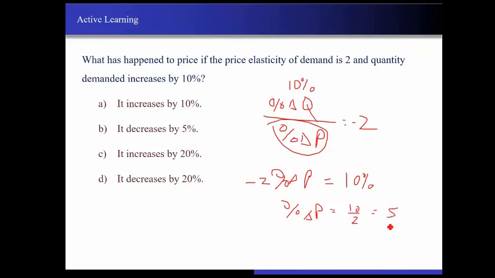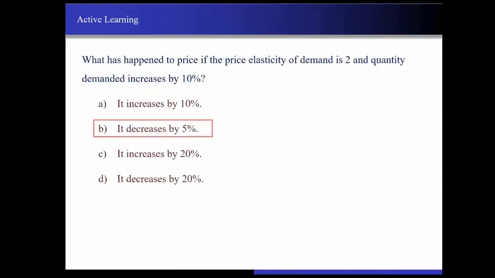We know that the quantity demanded increased by 10%, and the elasticity is 2, so the price change must have been half of that. If the price increased by 5%, then the percentage change in the quantity demanded would be 10%, twice that amount. Is that clear? And so that's the answer.